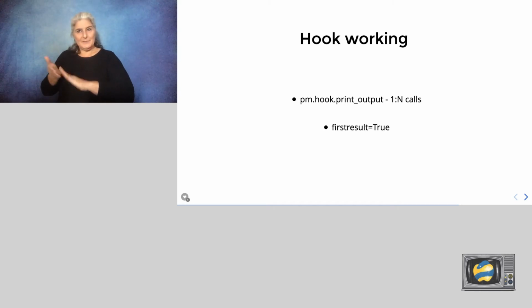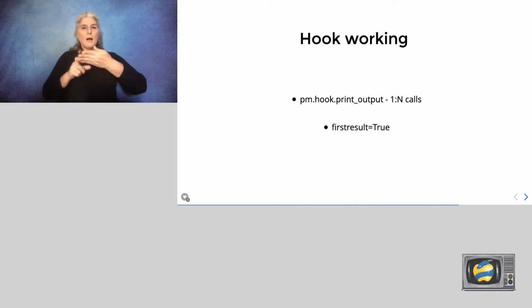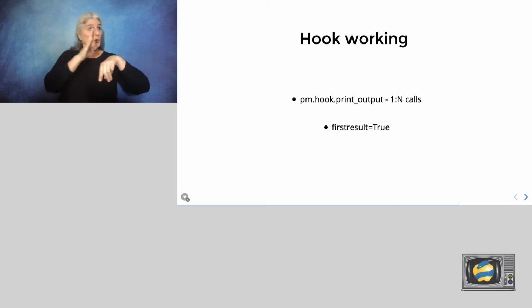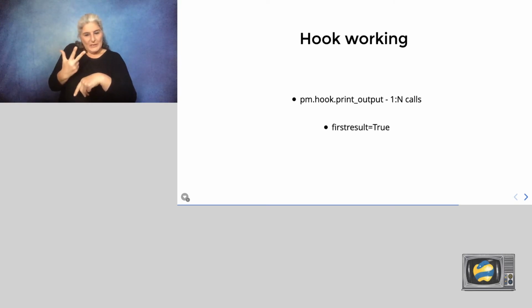In that scenario, Pluggy maintains one hook name called print output and three implementation details. When the host program calls print output, Pluggy calls these three plugins in first in, first out order, and all the output from the plugins or the hook is captured and returned to the host program.